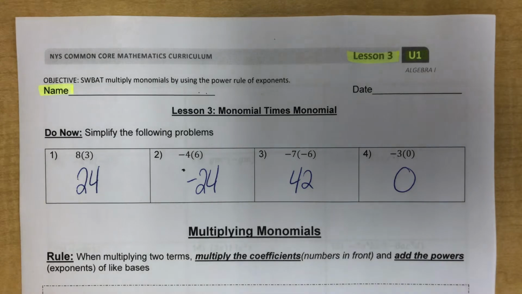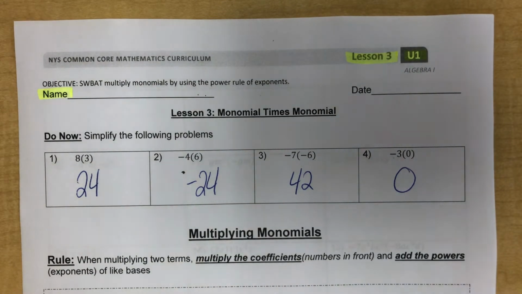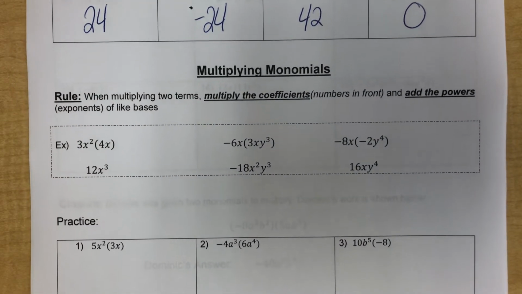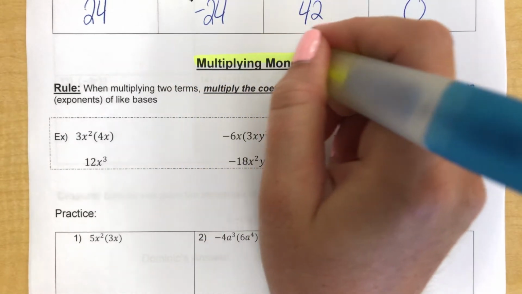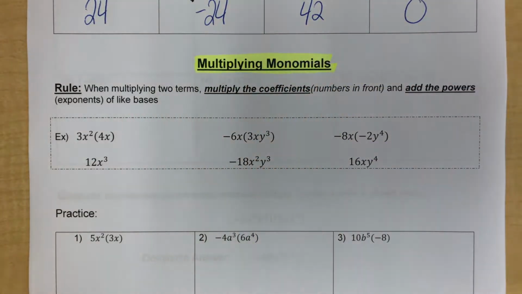All right. Before we jump into today's notes, I just want to remind you that yesterday we had gone over adding and subtracting monomials. Today we're going to be looking at multiplying monomials. All right. So I'm just going to push this up a little bit. I'm going to highlight that, because that is the goal for today. Just like the last few lessons, we always have rules whenever we're adding or subtracting or multiplying.